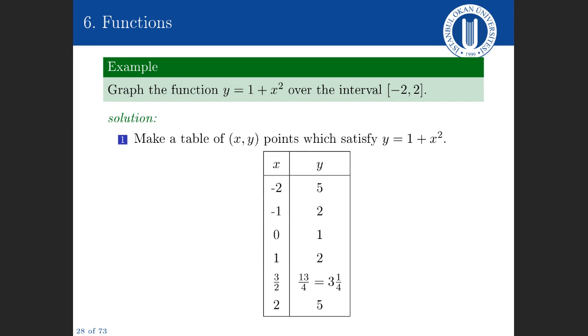Step 1 would be to make a table of x, y points, which satisfy the equation. We're going from minus 2 to 2. So I'm going to use the numbers minus 2, minus 1, 0, 1, and just to check the shape, I'm also going to do 3 over 2 as well as 2.